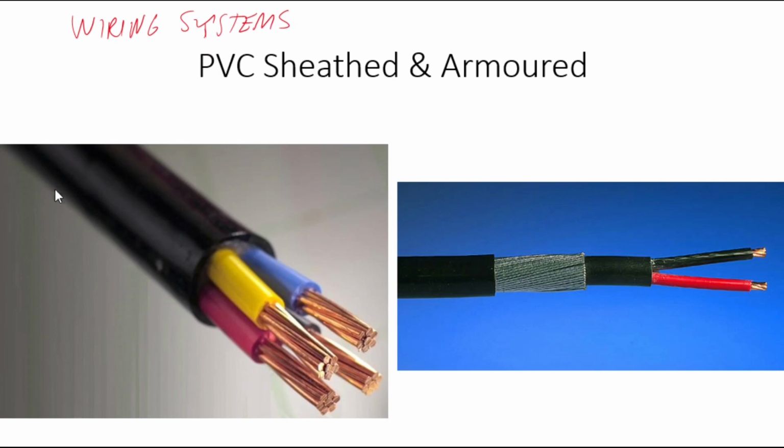These are generally used for lighting and socket circuits. The reason for that, they are easy to pull through buildings. They are insulated, they are flexible, they are easy to lay for circuits that are less prone to damage and so on. They can be self-contained.